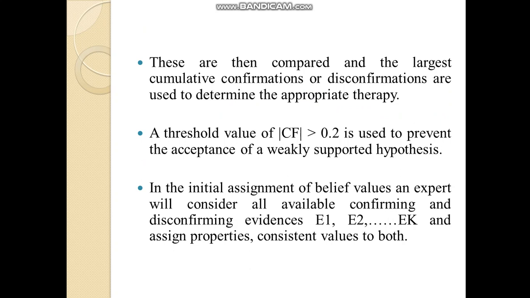A threshold value of CF greater than 0.2 is used to improve the acceptance of weakly supported hypotheses. In the internal assessment of belief values, an expert will consider the available confirming and disconfirming evidence E1, E2 up to En, and assign probability constraint values to both.